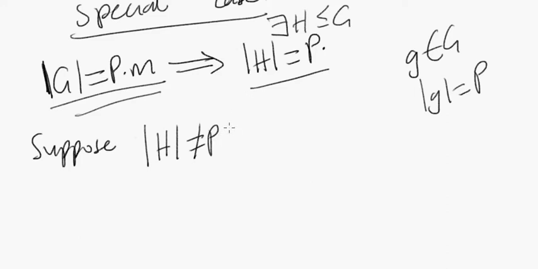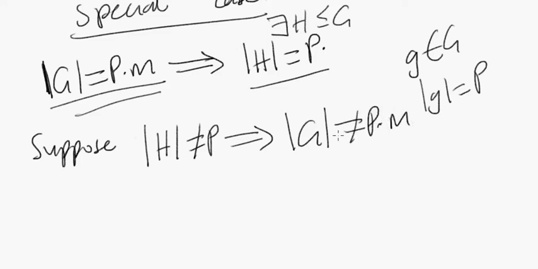Why does that imply that the order of G does not equal p times m? Well, suppose that for all subgroups H of G, the order of H does not equal p. Why does that imply that the order of G cannot equal p times m?